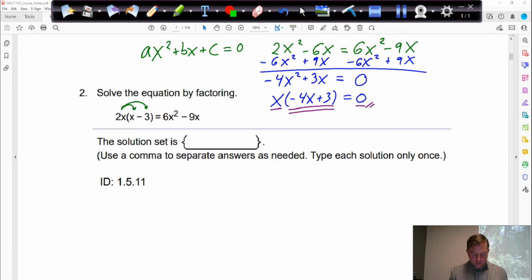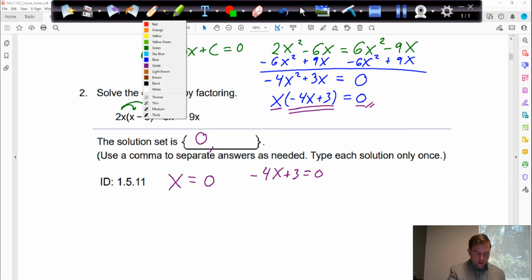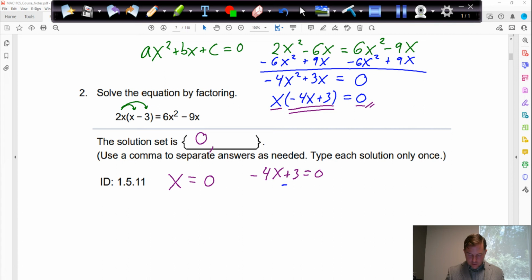Okay, so the first one, we set x equals 0, well, that's the answer. So if x is 0, that would wipe out anything in this parenthesis, so that's one solution. But now we have to set minus 4x plus 3 equal to 0. And we will subtract 3 from both sides and get minus 4x equals minus 3.